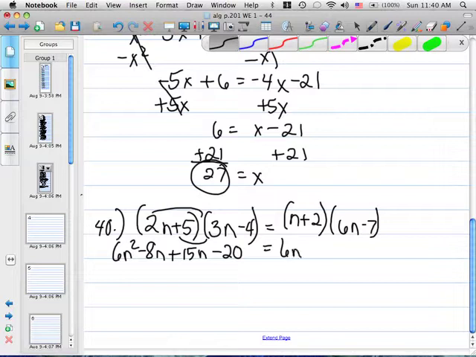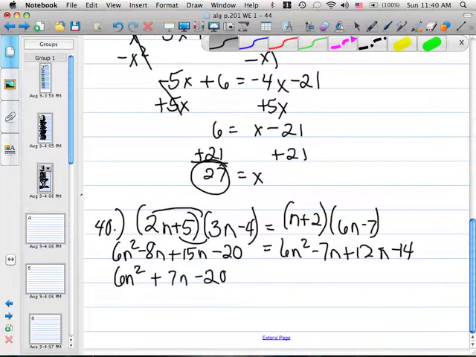First term is 6n squared, outer negative 7n, inner plus 12n, last minus 14. Simplify. 6n squared plus 7n minus 20 equals 6n squared plus 5n, negative 7 plus 12, minus 14.